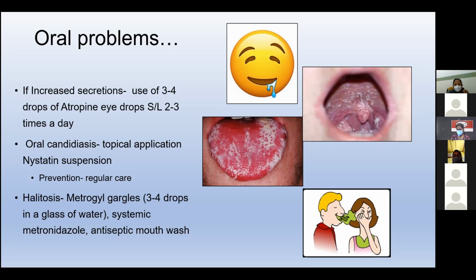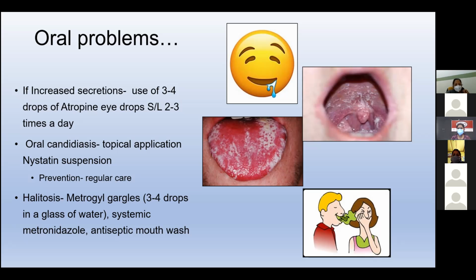But on our part, we must not forget to check their oral cavity whenever we see the patient, whether in the hospital setting or at home, right? When you are going home, always check the oral cavity, whether they are taking good oral care or not.